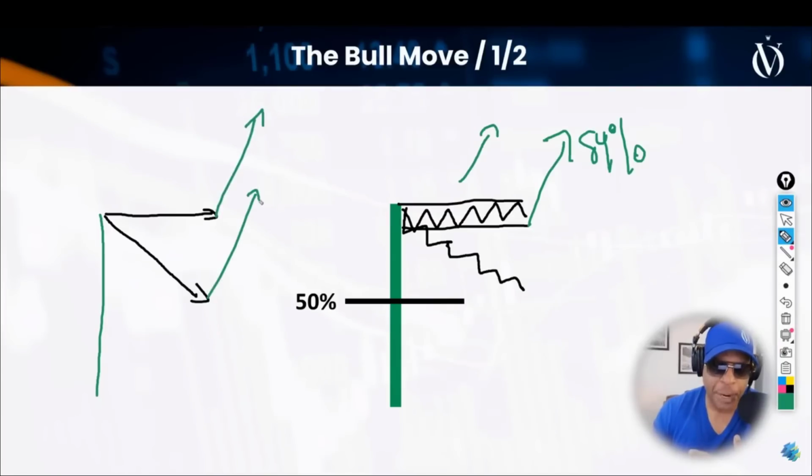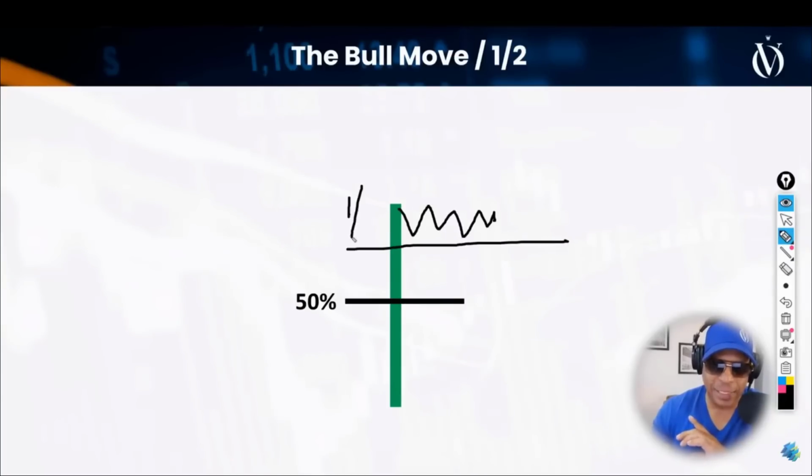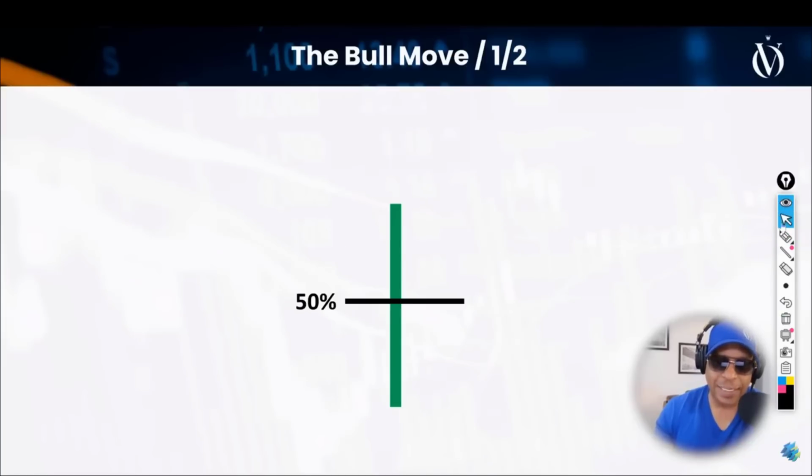So when your stock is resting sideways, you need it to stay in the top third. But if it rests downward, you need it to stay in the top 50%.